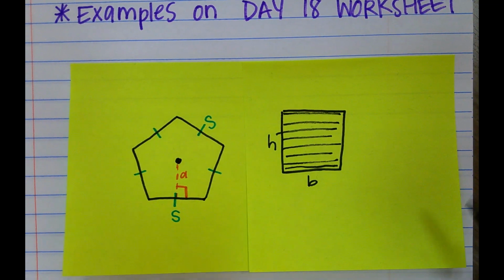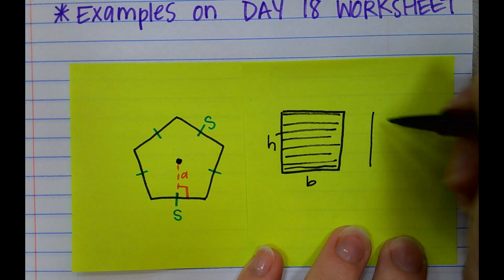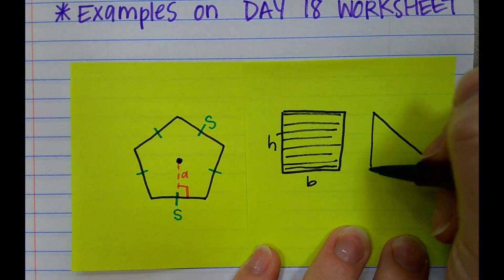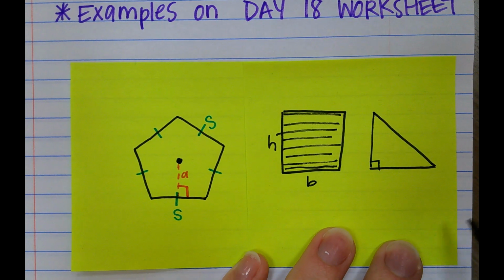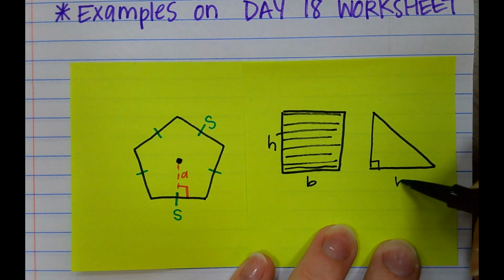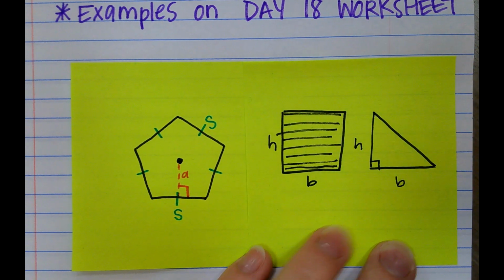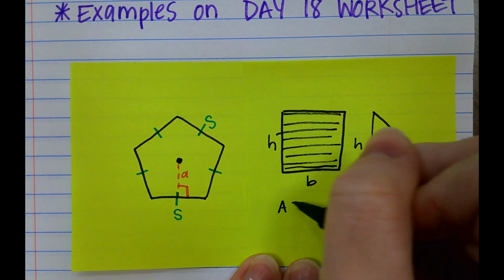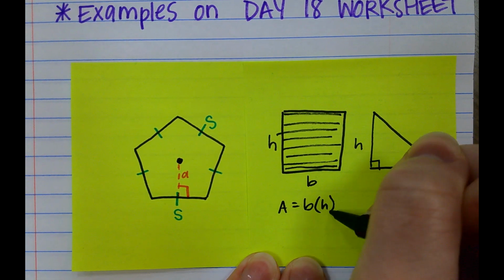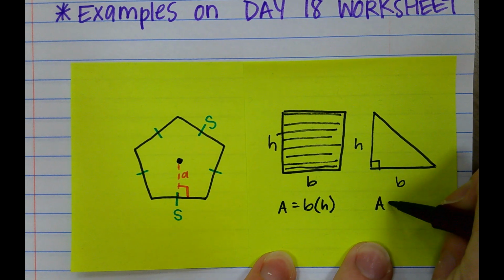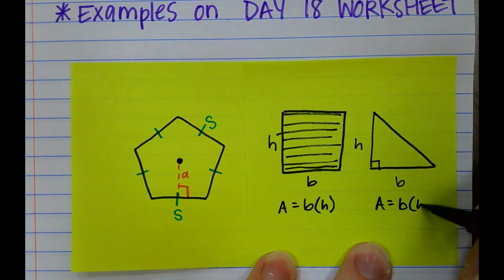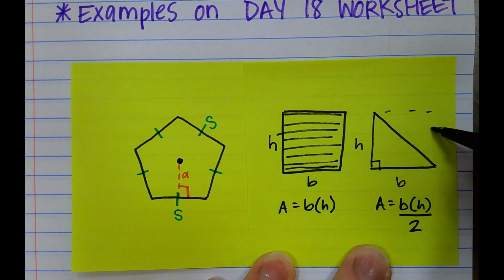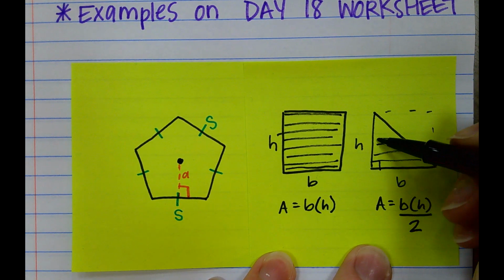We can also think about our triangle formula, not a regular triangle, just a 90-degree right triangle like this. We have a base and a height. Here I'm writing A equals base times height for the square. For the triangle, we do base times height again, but we also divide by 2 because it's half of a square.